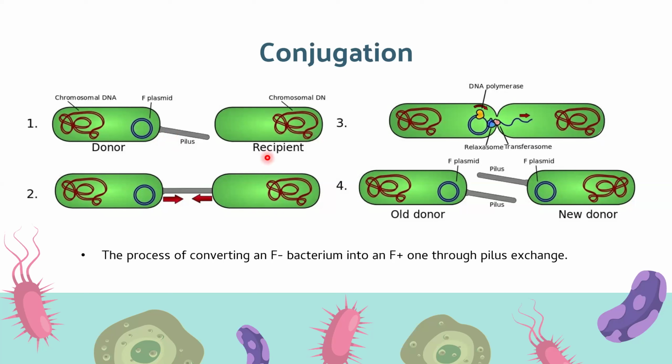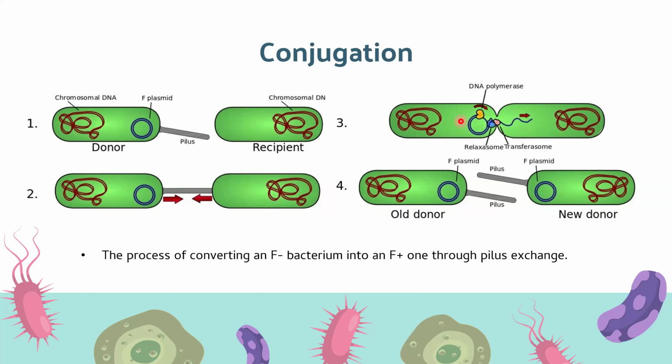So this F negative bacterium does not have a conjugative plasmid. It does not have an F plasmid that is able to cause it to sexually reproduce. What happens in conjugation is this donor bacterium, which is my F positive bacterium, is going to fuse with my F negative bacterium.